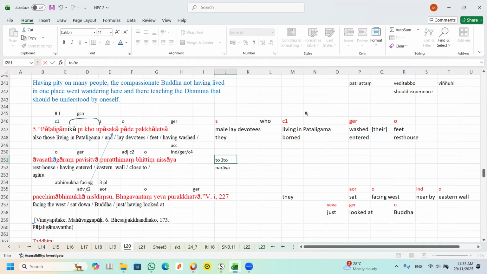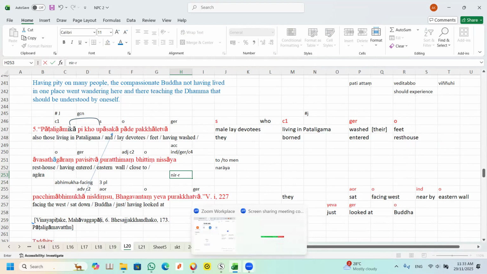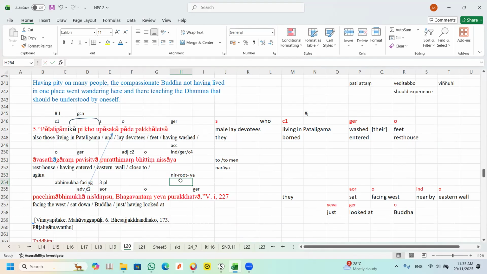C4. For or to the man. Correct or not? Okay, the aya, correct? Yeah, thanks. So if we take ni, it is a prefix, right? Plus a root, and when you add a root, this is a gerund. This is another form of the gerund.